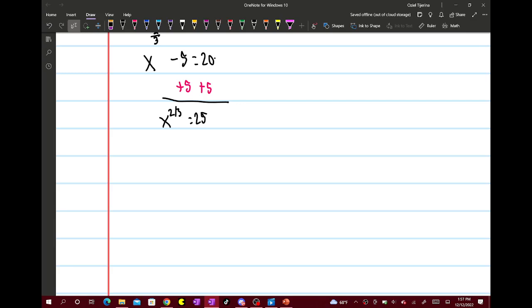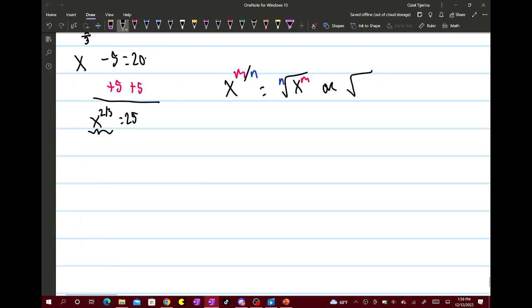So basically, if we make this into a radical, again, x to the m over n is equal to the nth root of x to the m, or the nth root of x, and then all raised to the m power.